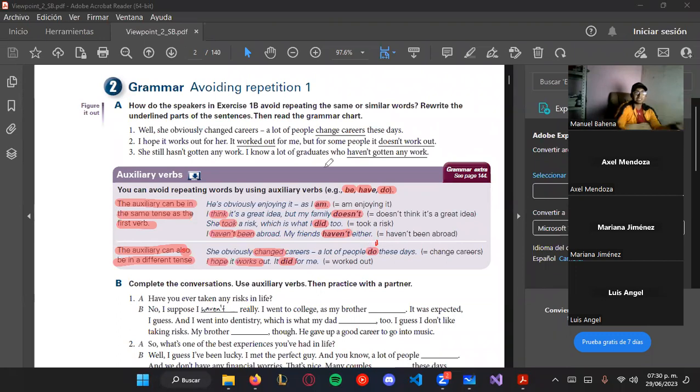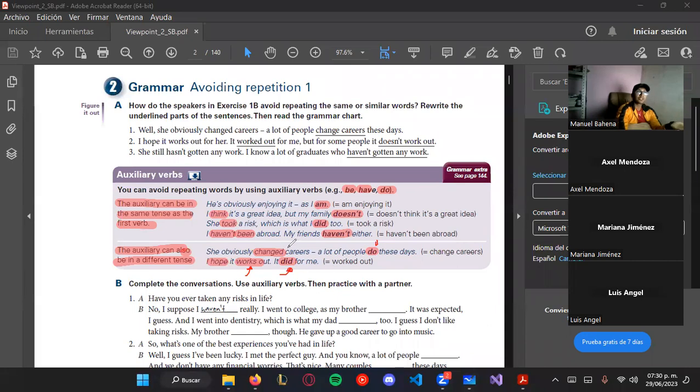Either work out as exercising, o sea, como ejercitarse, or work out de funcionar. Exactly. Perfect. Excellent. And in which tense is this one, Mariana? Present simple. And this, the auxiliary? Past simple, yes.